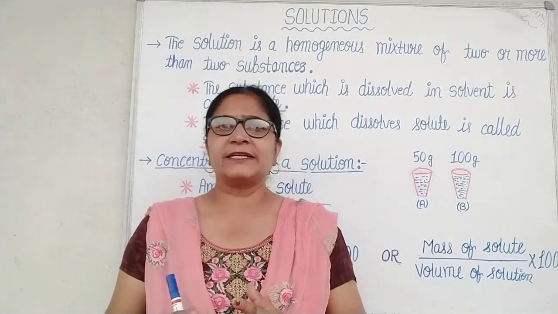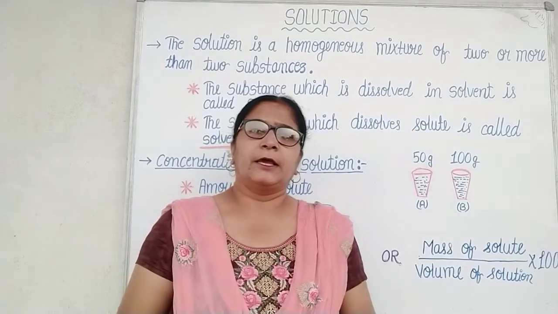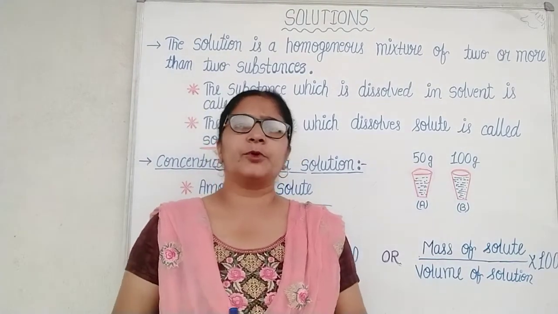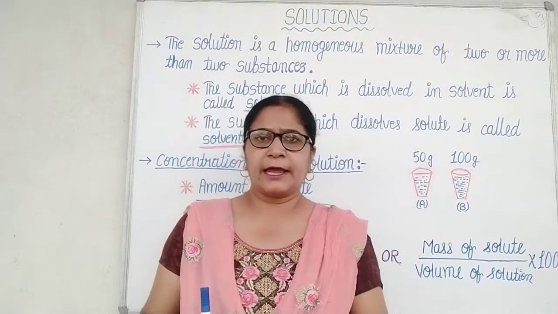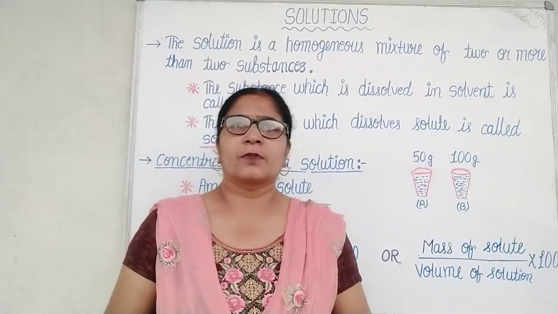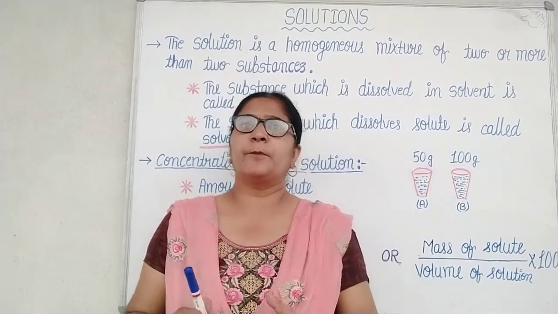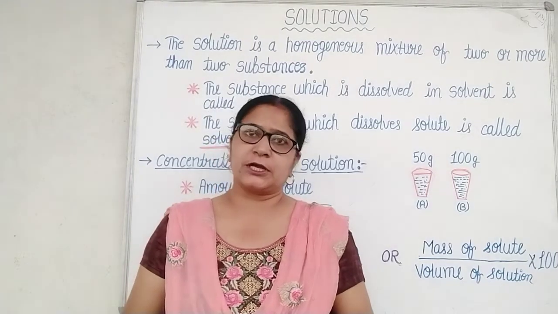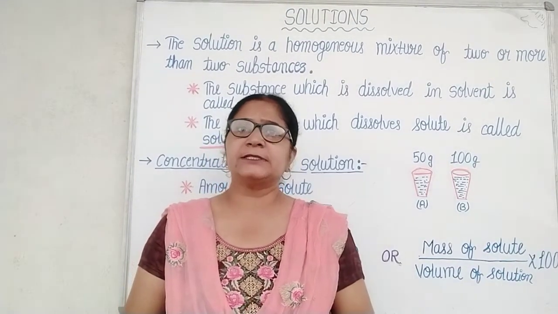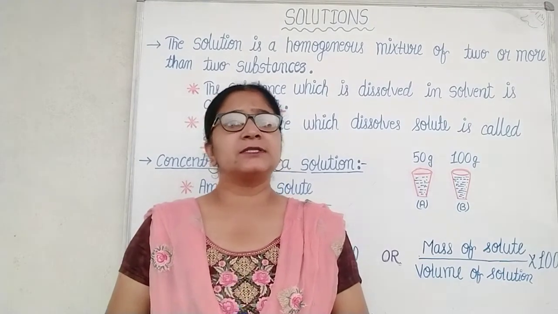So what is solute and what is solvent? See, solvent is nothing but the component of a solution that dissolves the solute, meaning the other components. It is the main component of the solution that dissolves other components. It is generally the component which is present in larger quantity.